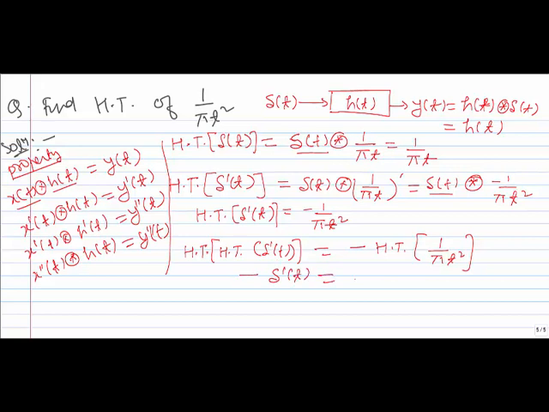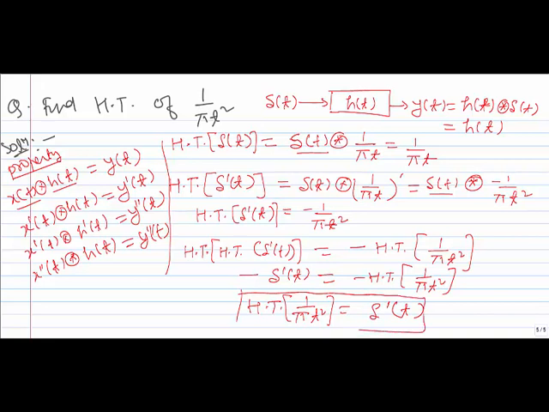So minus del dash t will be equal to minus the Hilbert transform of 1 upon pi t square, right? Minus minus cancel. So the Hilbert transform of 1 upon pi t square will be del dash t. This is how we solve such problems. If it asks for the Hilbert transform of 1 upon pi t cube, you can do one more differentiation and you will get your result.